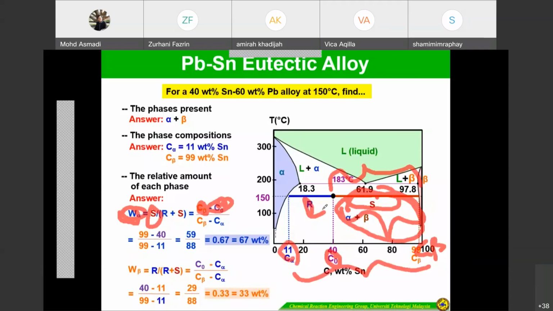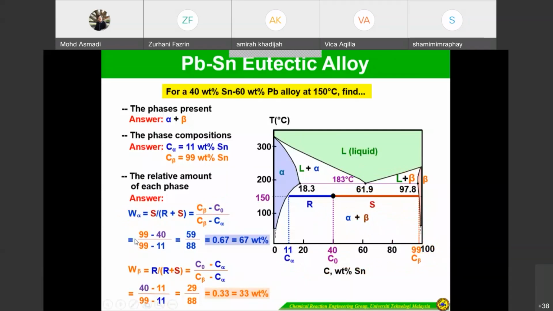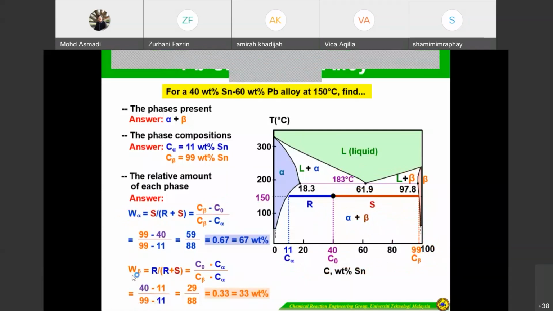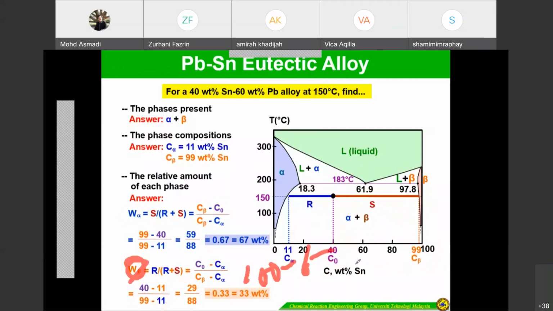So we get 99 minus 40 over 99 minus 11, similar to the isomorphous case, which is 67%. If you don't want to use the equation to calculate W beta, just do 100 minus 67, which is also acceptable. So 33%.